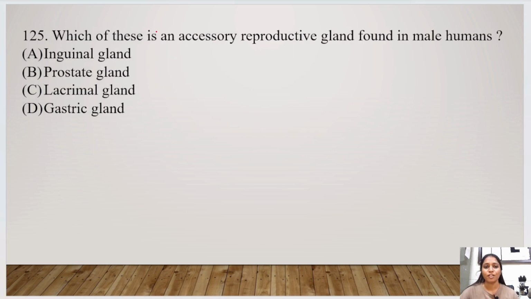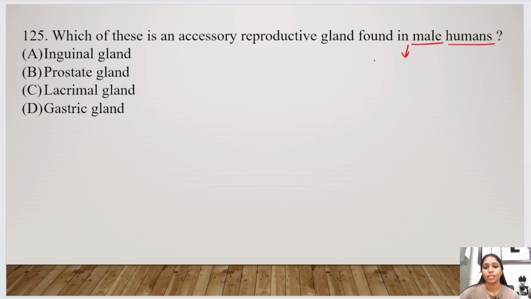This is the last question of this video, and these are all questions about animal physiology. In animal physiology, lots of questions are asked in this paper. So here, which of these is an accessory reproductive gland found in male humans? We all know that in male humans there are three accessory reproductive glands.